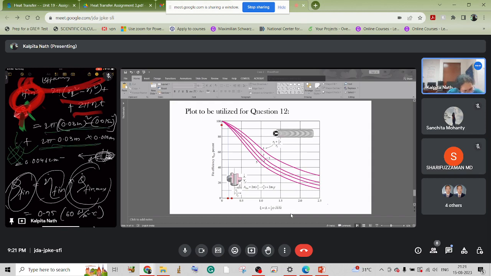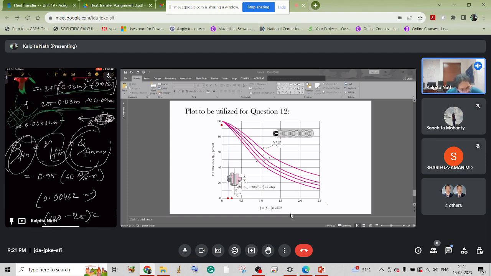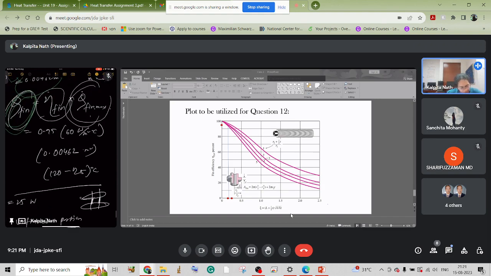This is the area, 2 pi r. So this came out to be the whole area, and now we find the heat transfer for the fin.